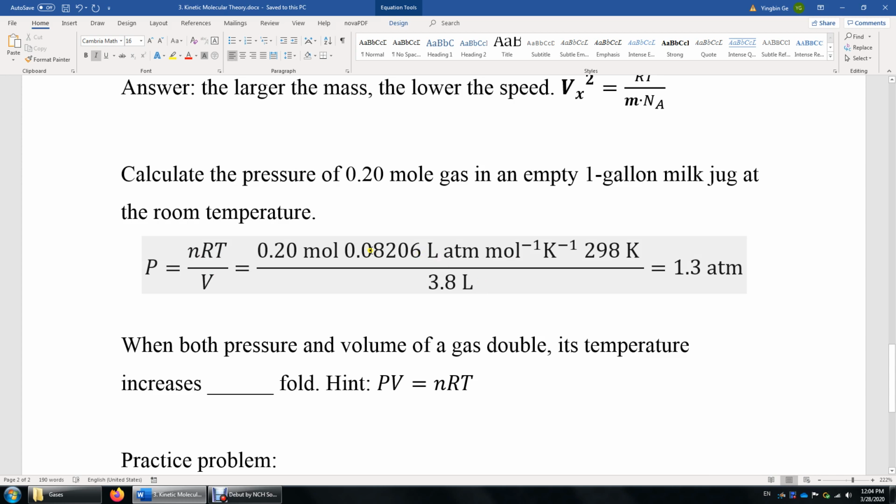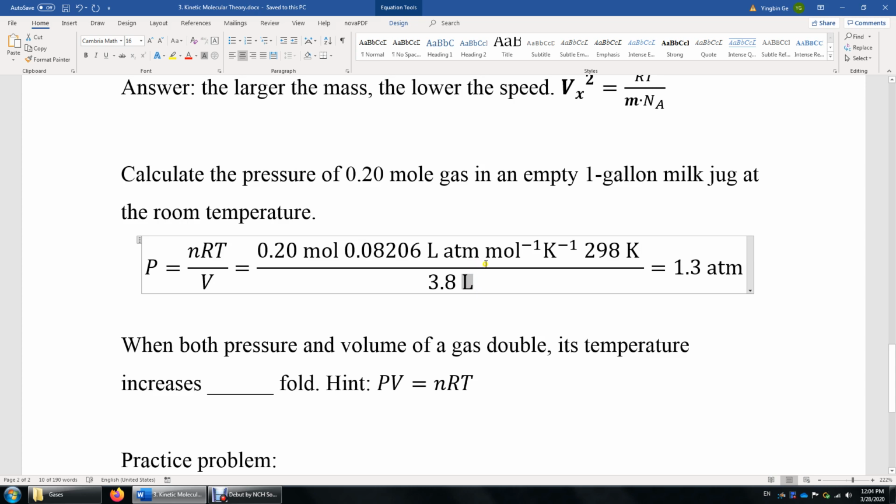So we have 0.08206 liter atm per mole per Kelvin on top as the gas constant. And then on the bottom, we should use 3.8 liters instead of a gallon or 0.0038 cubic meter. This is to ensure this volume unit, liter, and this volume unit, liter, cancel.